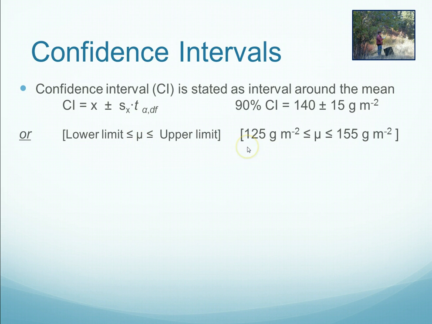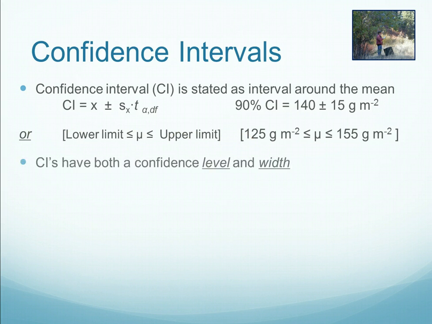For example, this same 90% confidence interval would be 125 grams per meter squared less than or equal to the mean, which is less than or equal to 155 grams per meter squared. Essentially, we're saying that we are 90% confident that the true mean of the population exists in this interval.